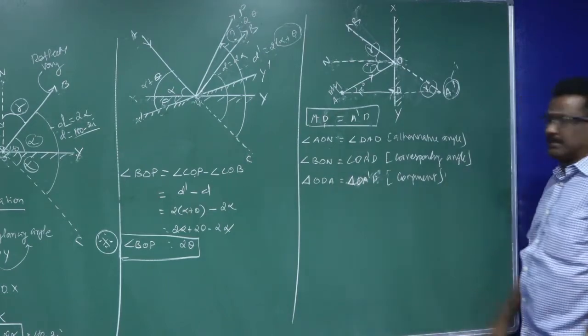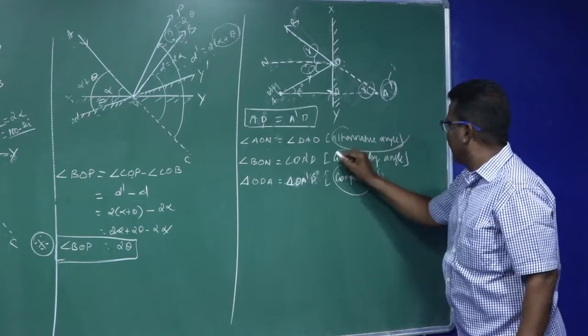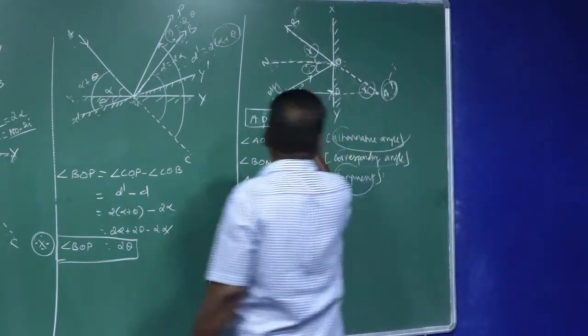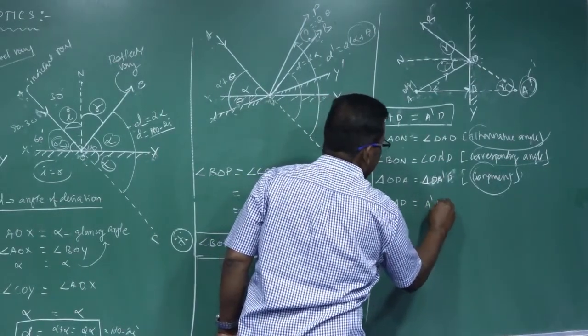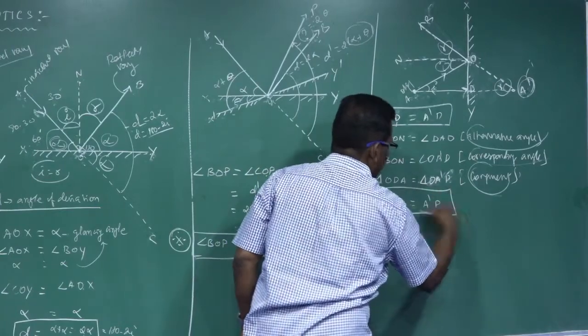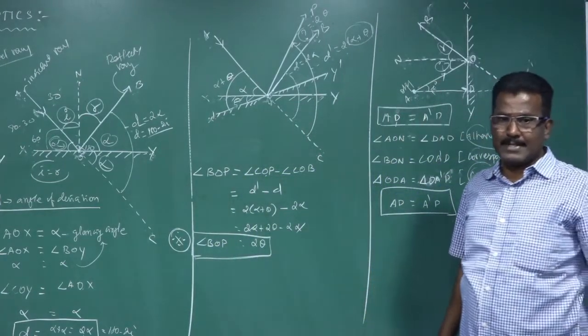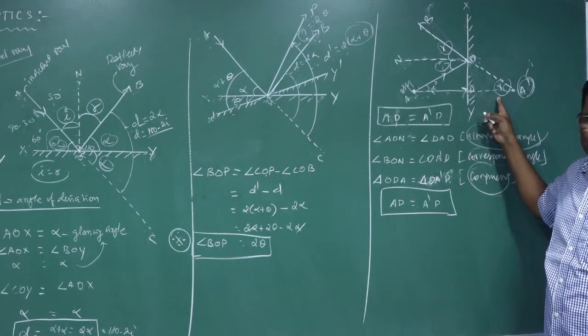These are alternate angles, corresponding angles, and congruent triangles. If these are equal, AD is equal to A prime D. The image distance is equal to the object distance.